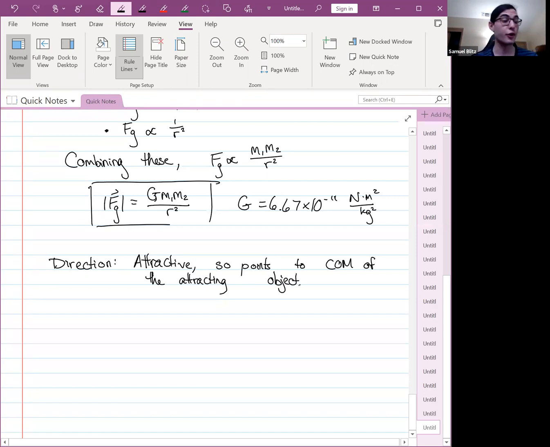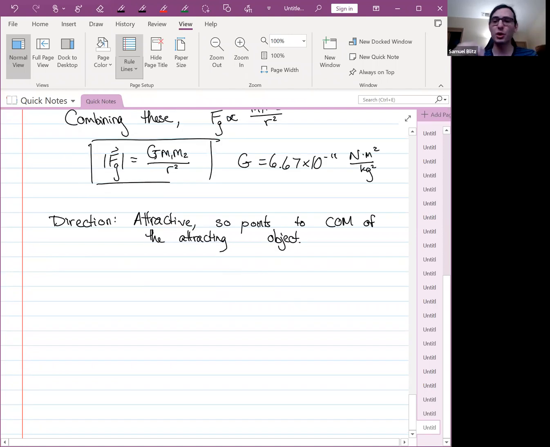So let's consider for a moment just a quick example. Let's say that we put the source of our gravity, maybe it's the Earth, at the origin. So here we have a plot. We have our source of gravity. Now, in principle, both objects are going to pull on each other equally, but we're going to imagine that one of the objects is fixed in space.